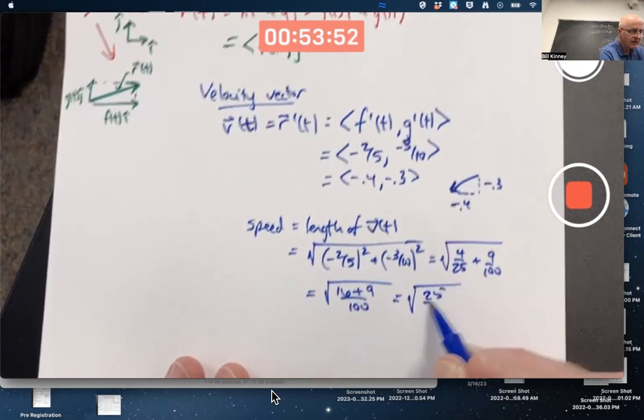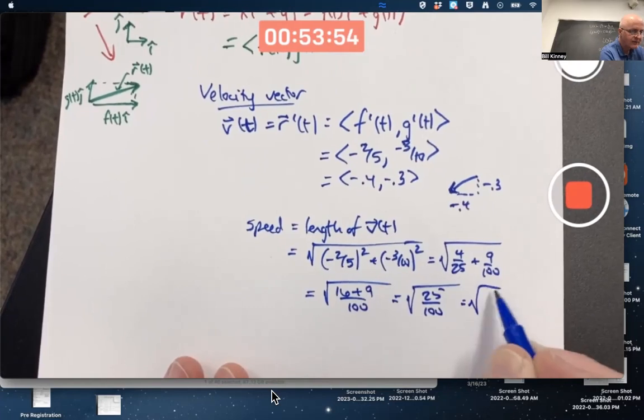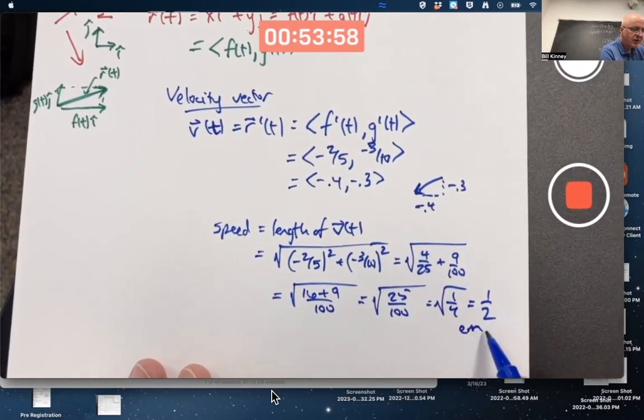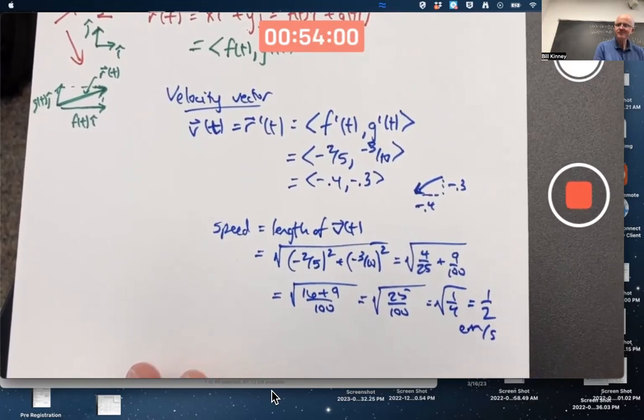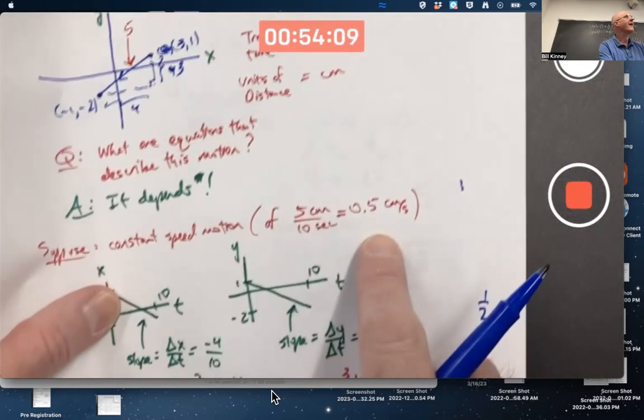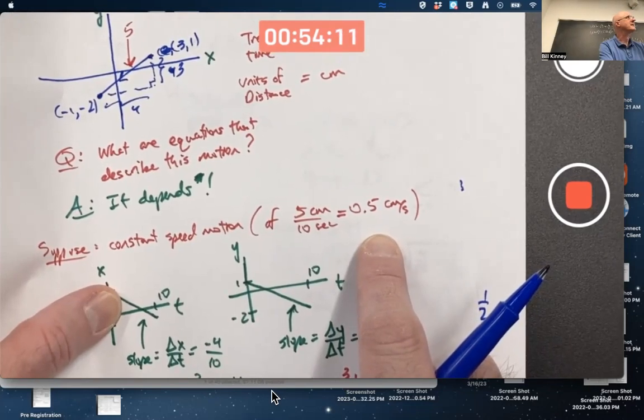Square root of 25/100 is square root of 1/4 is 1/2 centimeter per second. Where have we seen that number before? Right there. We already knew the answer. That's the constant speed. It's the length of the velocity vector.